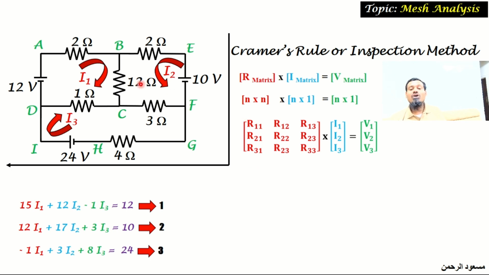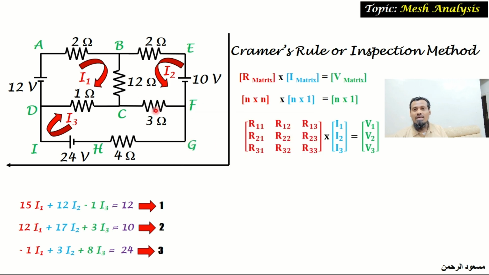And what about the other terms? R12, it is the common resistance available between loop 1 and loop 2. And R13, it is the common resistance available between loop 1 and loop 3. R21, it is the common resistance available between loop 2 and loop 1. And R23, it is the common resistance available between the second loop and the third loop. Again, R31, which is equal to R13, R32, which is equal to R23.